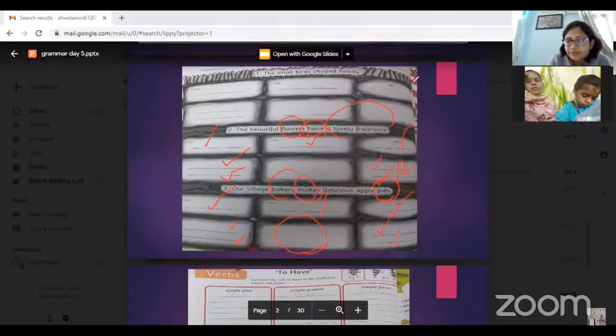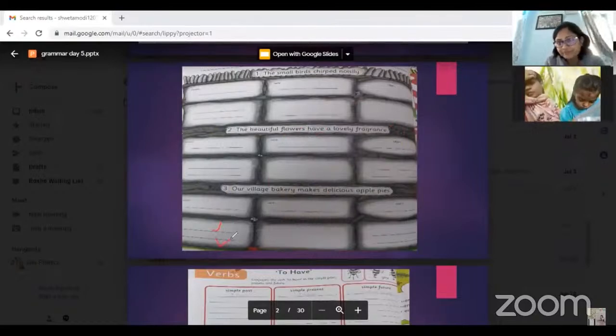Great. I hope it is clear to everyone. Yes, ma'am. So we call it sentence wall. What is the village over here? Our village. It will go here. Our and village, adjective. Ma'am, delicious will be adjective also. Yes. So can we write on both places or only on the first place?